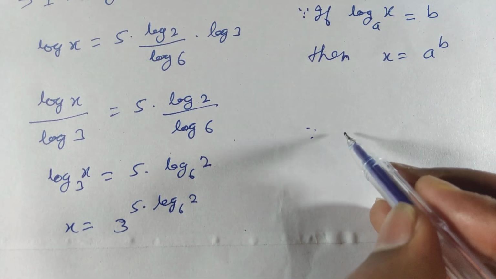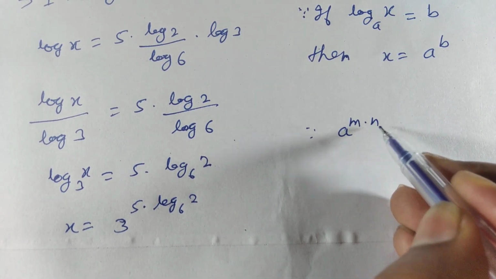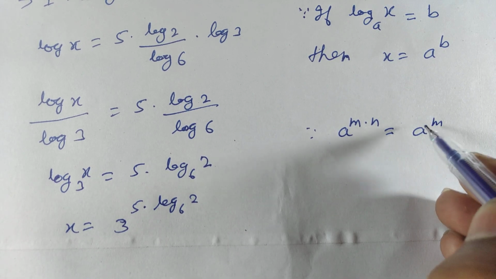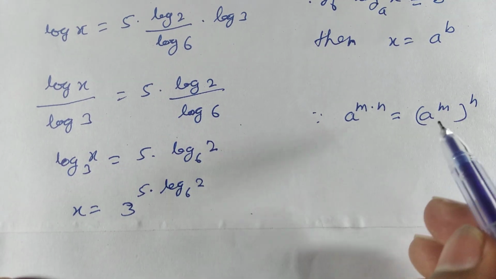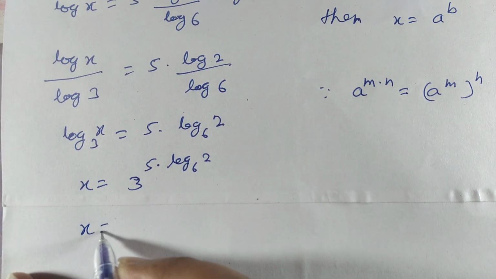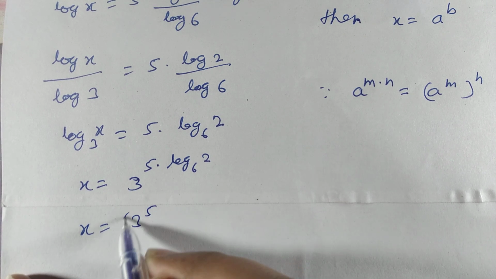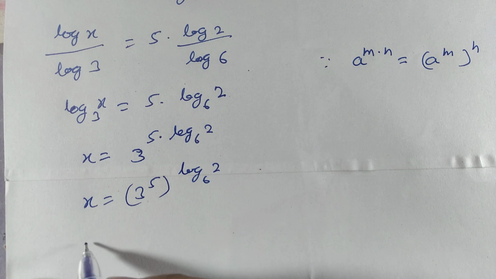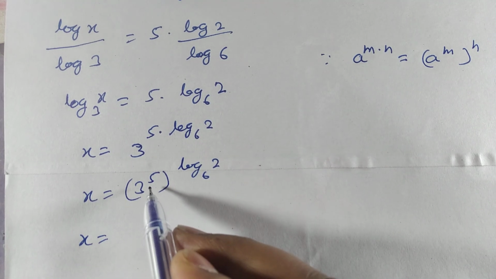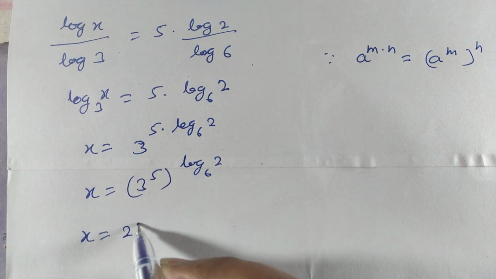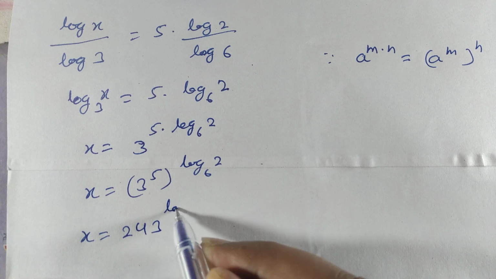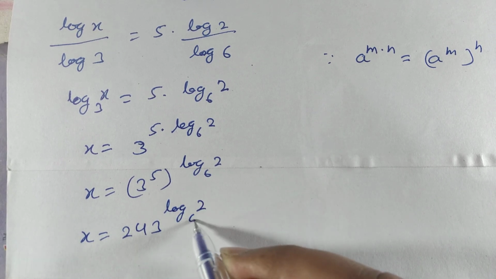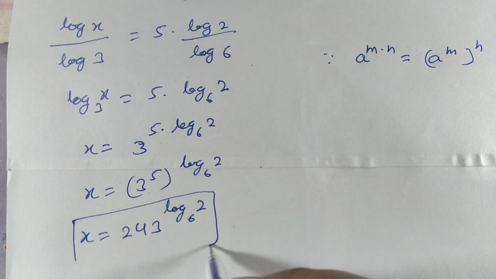Euler rule: a to the power m into n is equal to a to the power m whole to the power n. Applying this law here, x is equal to 3 to the power 5 whole to the power log of 2 base 6. X is equal to 3 to the power 5, which is 243, to the power log of 2 base 6. This is the answer.